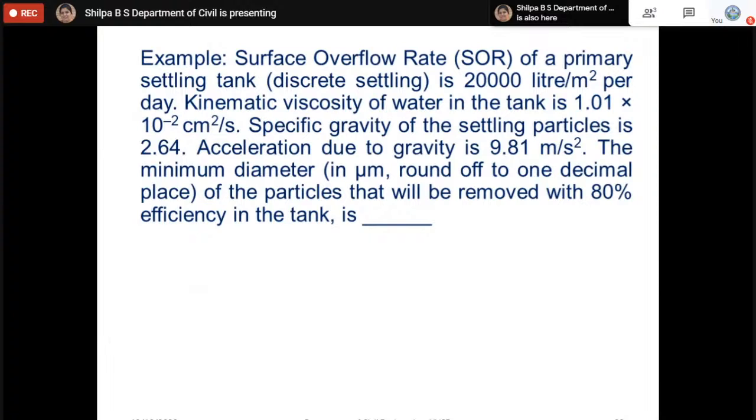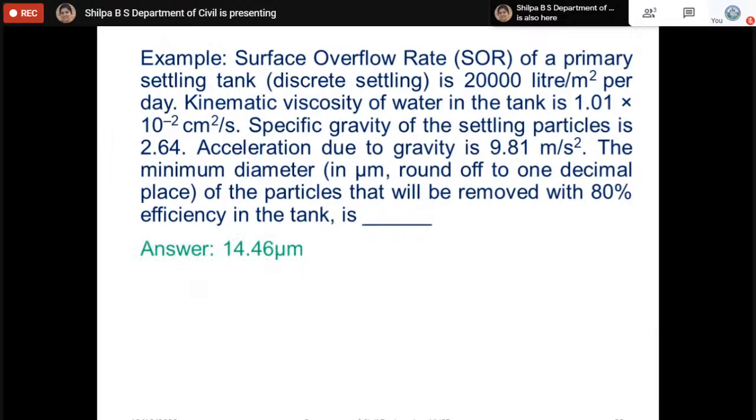The specific gravity of the particle is 2.64, and the acceleration due to gravity is 9.81. We need to calculate the minimum diameter of the particle that will be removed with 80% efficiency in the tank.